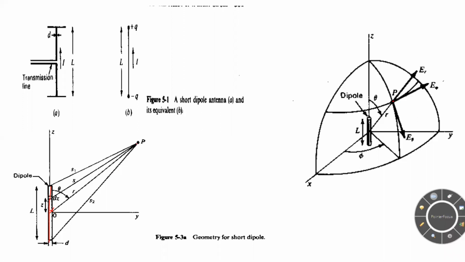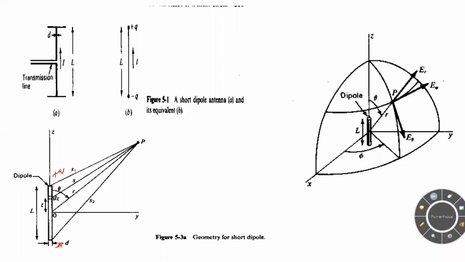From the origin point to the point of observation P, what is the distance? The distance is r, from the origin point of the dipole, that is midway of the dipole, to the observation point P. Now when we consider the two ends, here I might have plus q, and here I might have minus q.